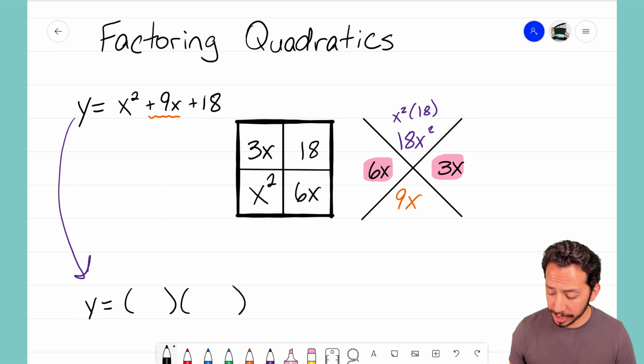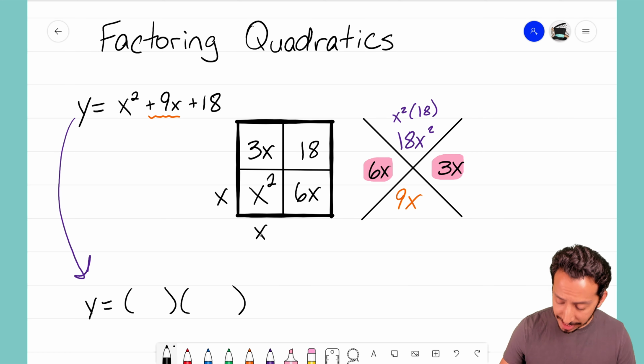Now that I have my generic rectangle all filled out with all the pieces of my sum, I just have to fill out the sides, or the dimensions, for that rectangle. Two terms that multiply to x squared, I think that would be x and x. Well, x times something is going to give me 6x. I think x times 6 will give me 6x.